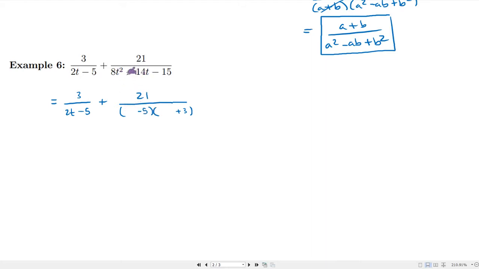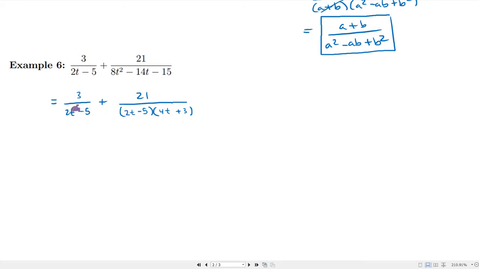So if we want a minus 14t, this is sort of, again, by trial and error, right? If this is wrong, then we would pick some other factors of 8 to make this work out. So does this work? So 8t squared, and then we'd get 6t, and then minus 20t, so that will give us the minus 14t, and then that's negative 15. So that is the correct factorization.